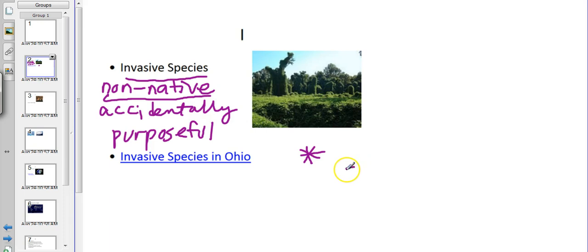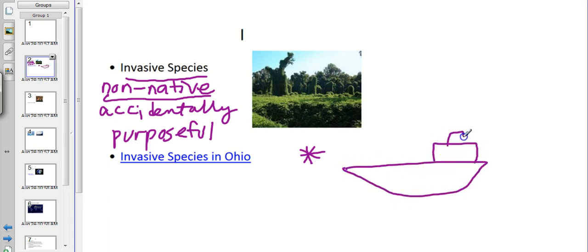And what happens is, here's a big ship, and in order for ships to travel from ocean water into fresh water, and then fresh water into salt water, they have to maintain buoyancy in the boat. So as a result, they put stuff into the boat called ballast water, which is basically water from wherever they're docked.